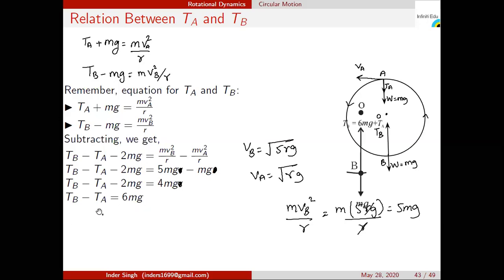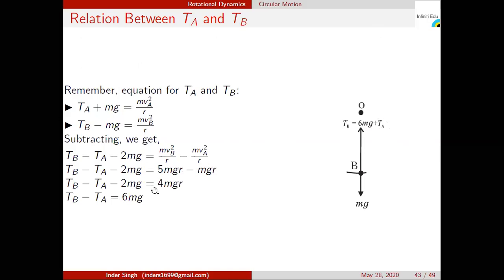So what is the relation between TA and TB? The relation between TA and TB is TB minus TA equal to 6 mg. So this is the relation. TB is equal to 6 mg plus TA. Okay. What is the reason we can write here? This r is not there.